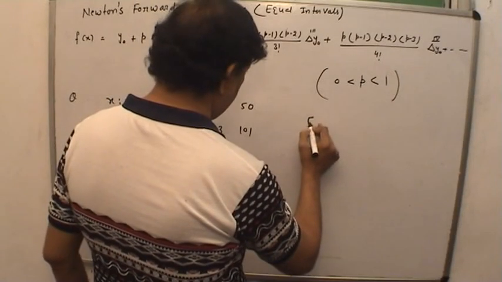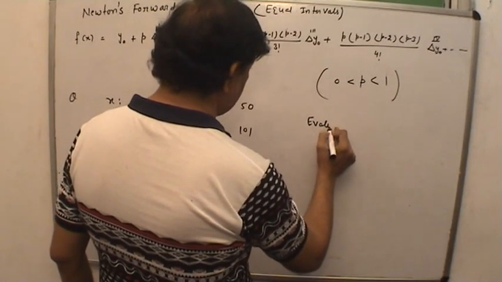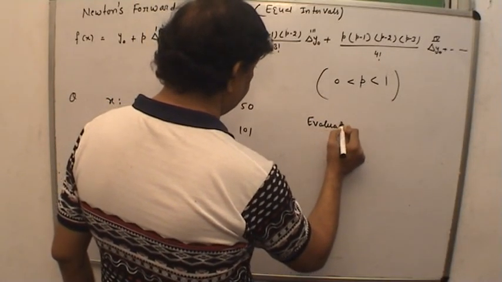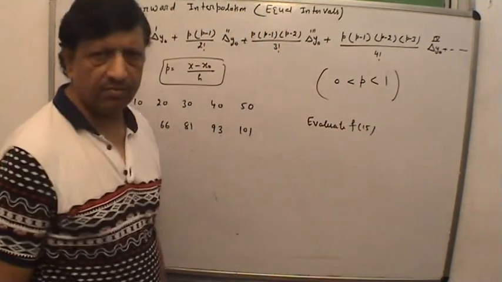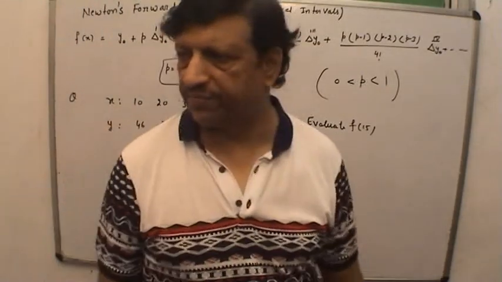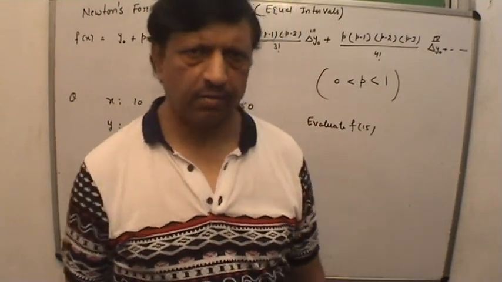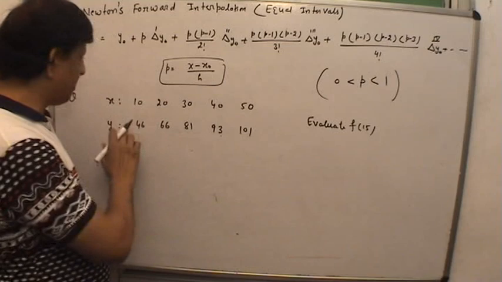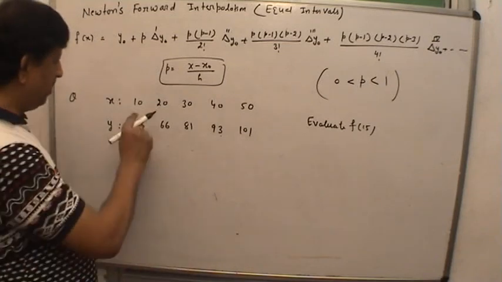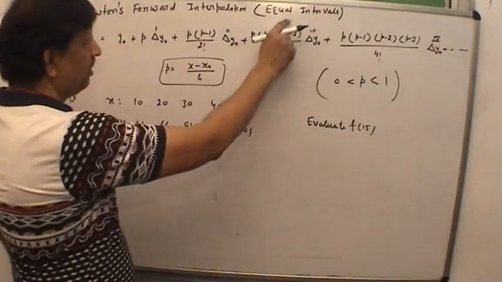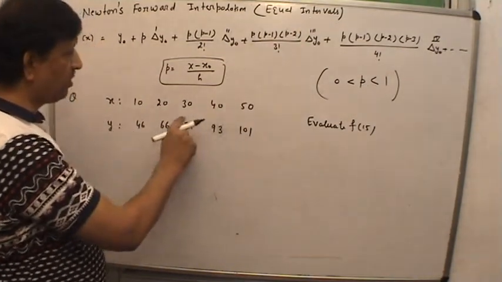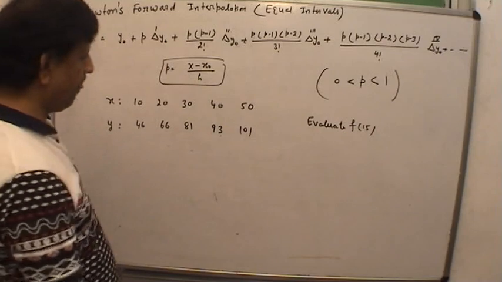Evaluate f of 15. Who is 15? Here, 15 is the point of interpolation, and these are the x and y values given. We see 10, 20, 30, 40, 50: equal intervals. The height of the data is the same.